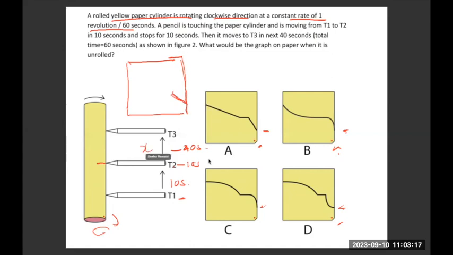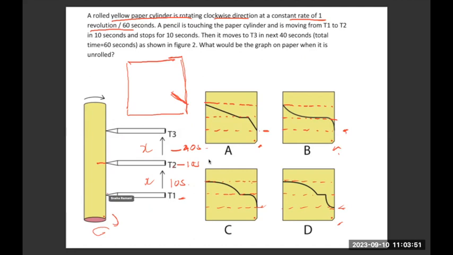This distance x is same, which means this distance has to be the same. For 10 seconds it is constant because the pencil is not moving.